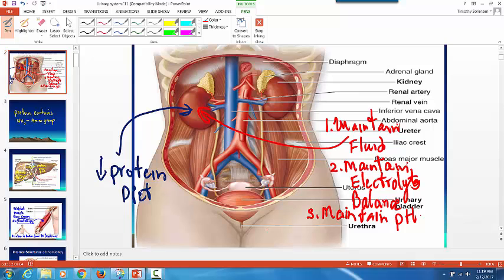So then the other function of the kidney, number 4, is that it monitors oxygen saturation of the blood.